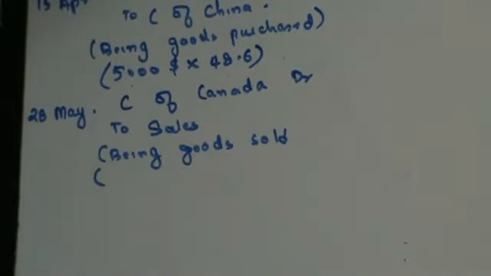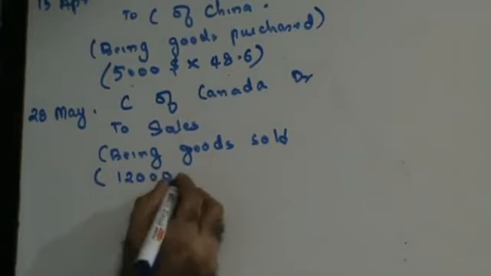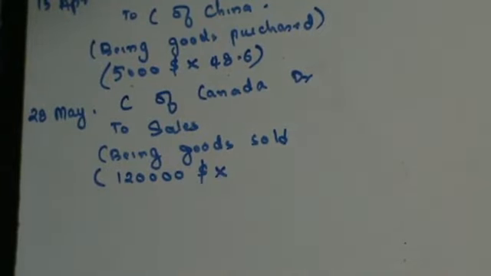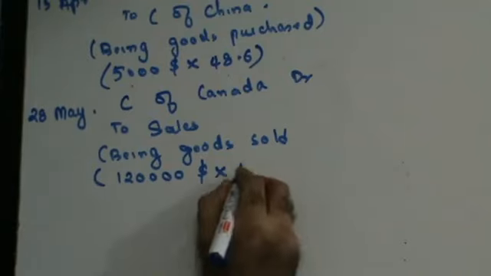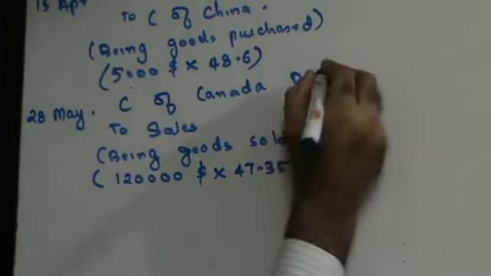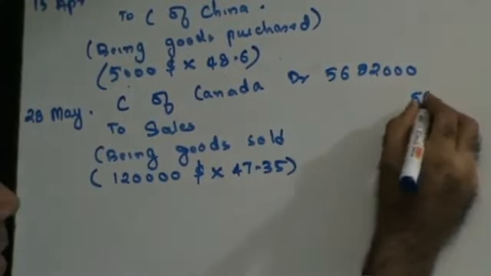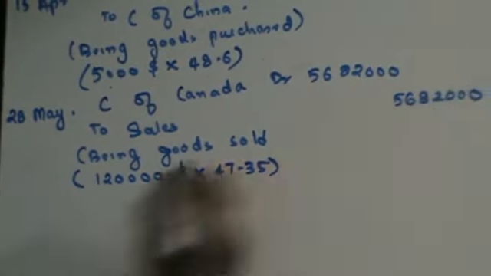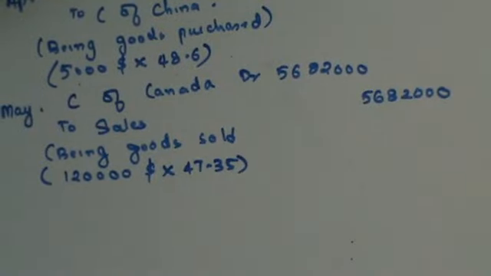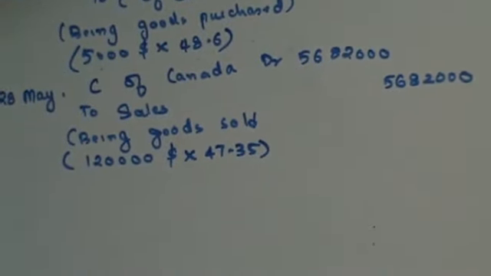Right, you have exported goods of $1,20,000 when the dollar rate is 47.35. 56 lakh 82,000. Right? Then again you have Sea of China on 30th May.